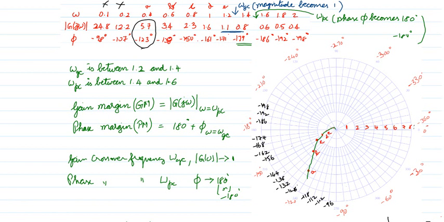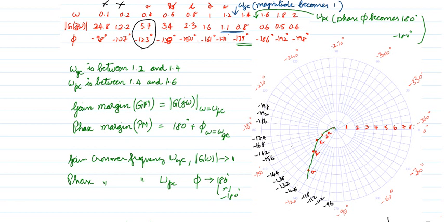It is here. So 5.7 is in between 5 and 6. Where is the angle minus 123? Come here. Minus 120 is here, and this is the angle minus 150. How many divisions are there between these lines? 5 divisions. So each division is 6 degrees. So this is minus 126, minus 132, 138, 144, 150.